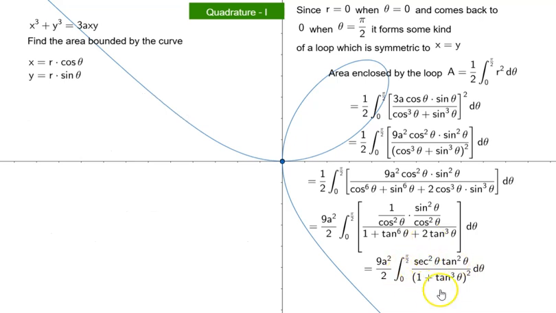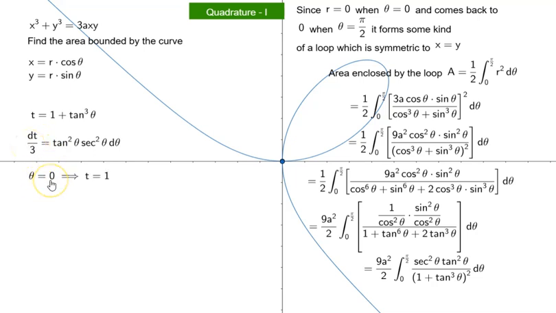To solve this integral, let's do substitution. Let t be equal to 1 plus tan cube theta. When we differentiate it, we get dt is equal to, derivative of 1 is 0, tan cube theta gives 3 tan square theta sec square theta d theta. And that 3 we take to the other side.